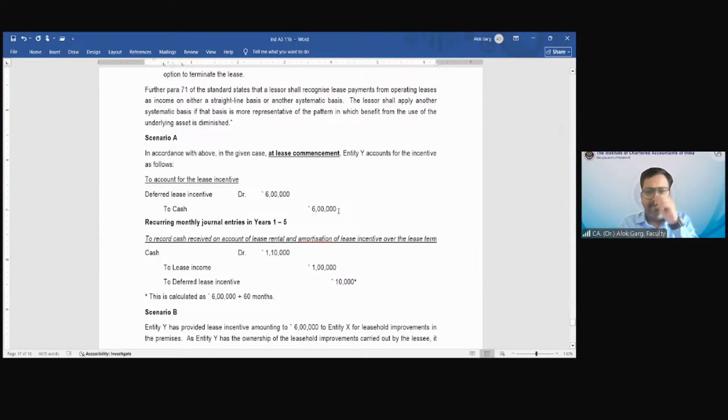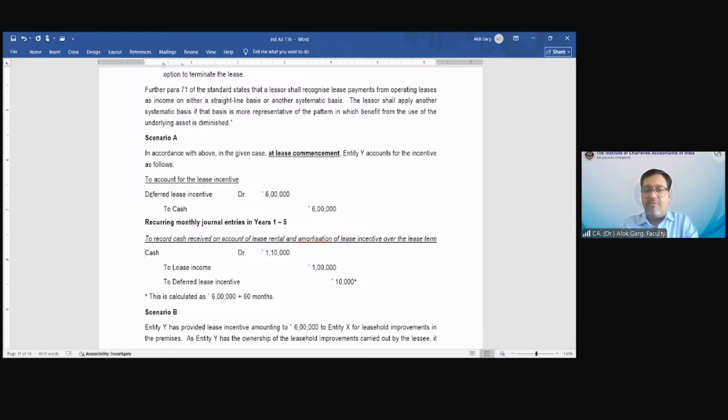Okay. And friends, I recommend using bank instead of cash, at least after this demonetization scheme. So use bank, not cash. So what happened in scenario A: since it is the lessee's improvement, it is not the lessor's property, plant and equipment. So the lessor will account for deferred lease incentive to bank, right?